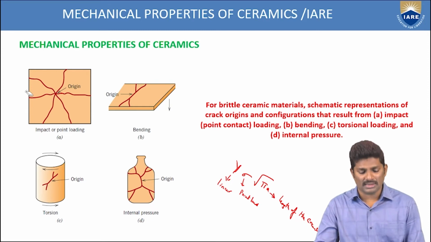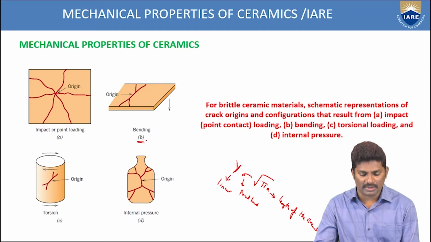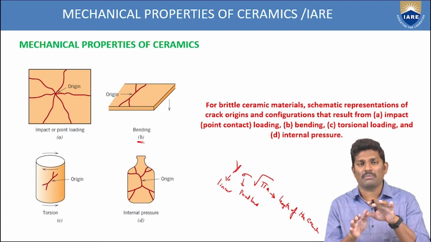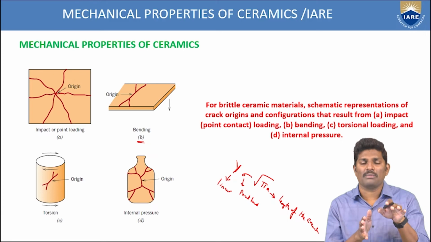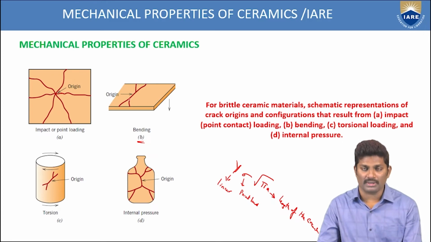Now coming to the second figure, it is about bending. When you bend any ceramic material, you can identify what type of cracks are being formed. Once you bend this material, this type of brittleness formation occurs.